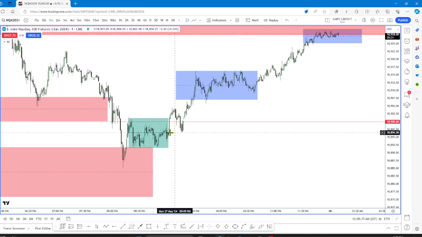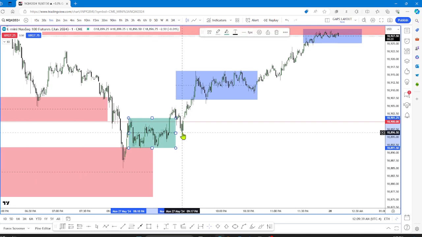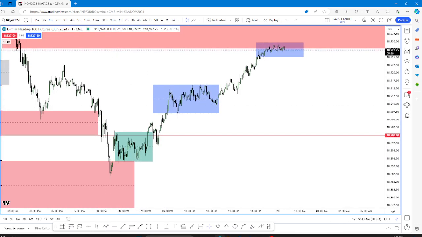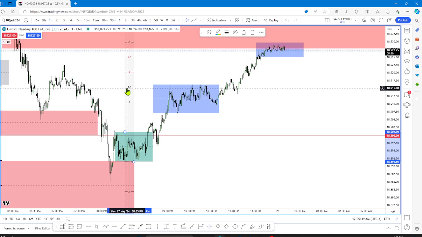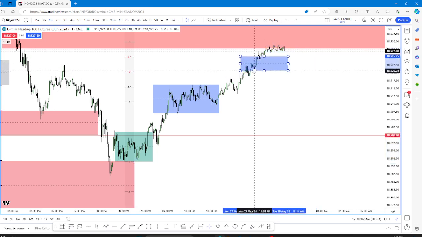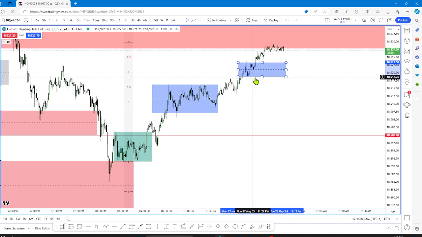Break, retest, 50% of the range, back up. So what can we do here? Take our Fibonacci, measure the consolidation, up, 1 to 1.5, reaccumulation, 2 to 2.5, reaccumulation, then here.